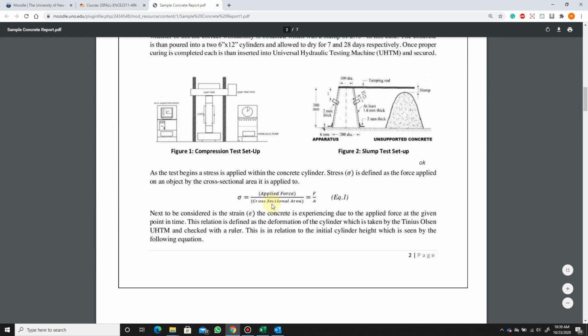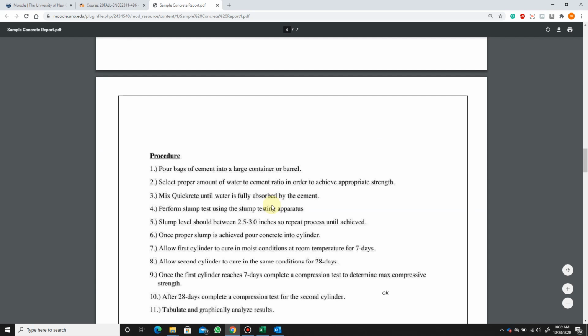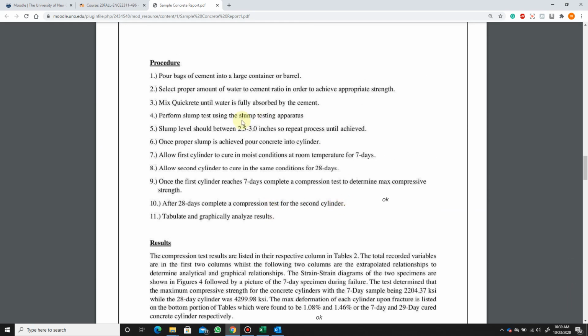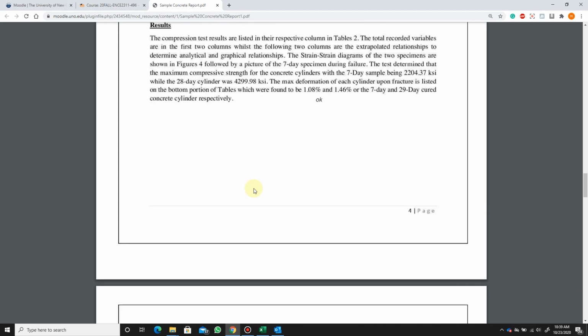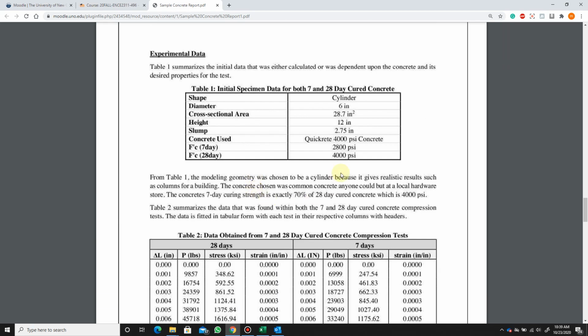And then you're going to come to the results. The procedure is already in the videos. You can go look at the videos and the results sections. You should have this table that includes the properties of the concrete specimen.